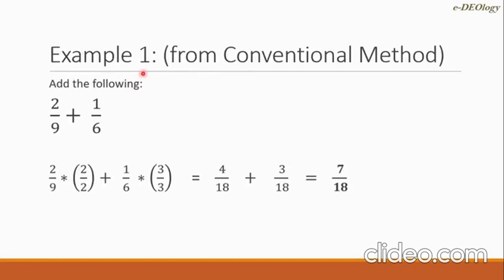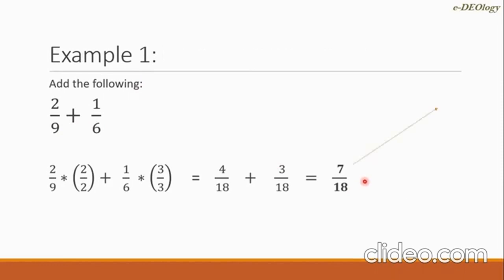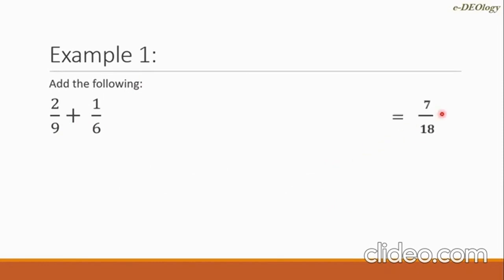So from our conventional method, this is the same example, 2 over 9 plus 1 over 6. We solved that in our previous example, and this is the answer, 7 over 18. So I'm going to put this answer on that side here, and then we're going to solve this using the crisscross method.